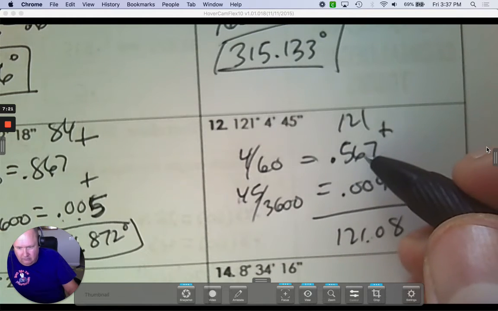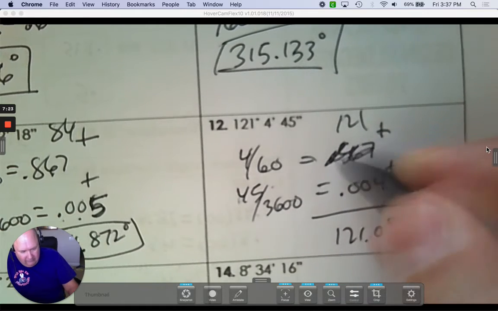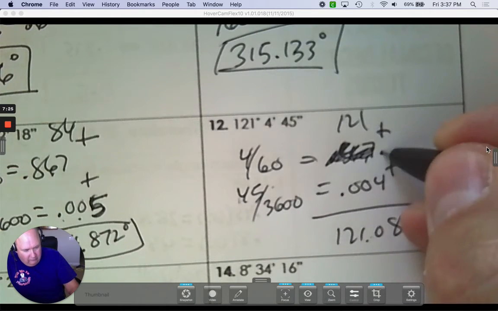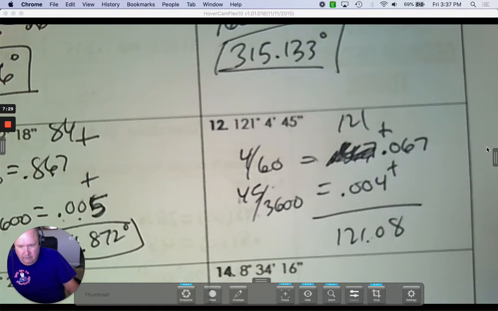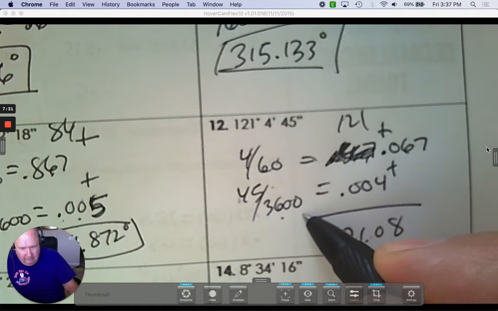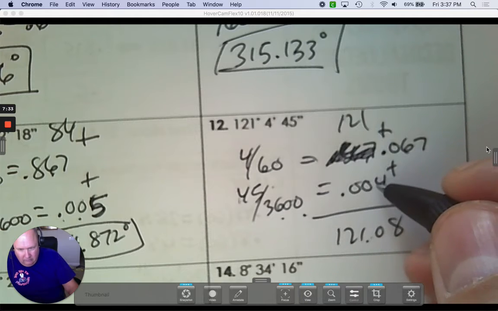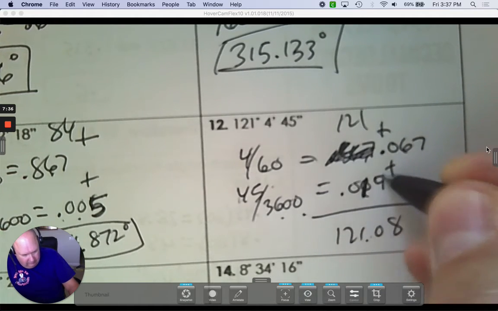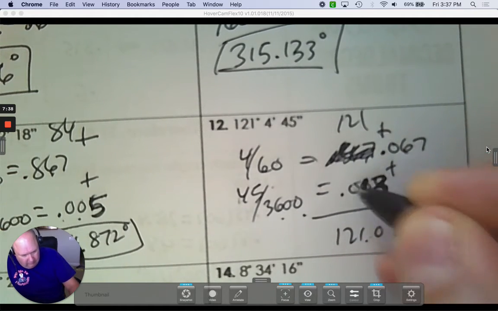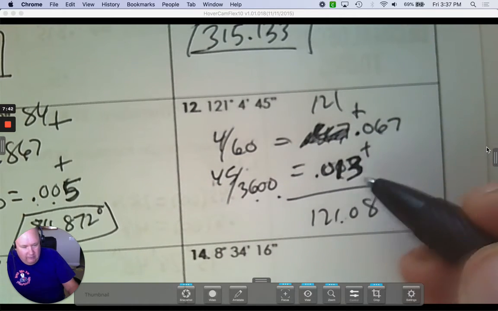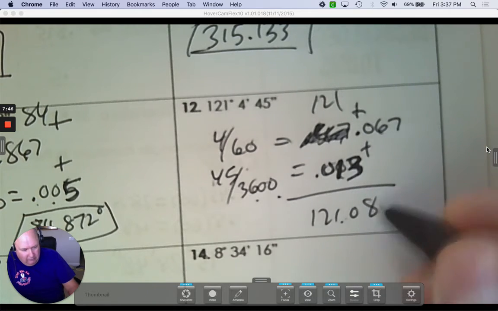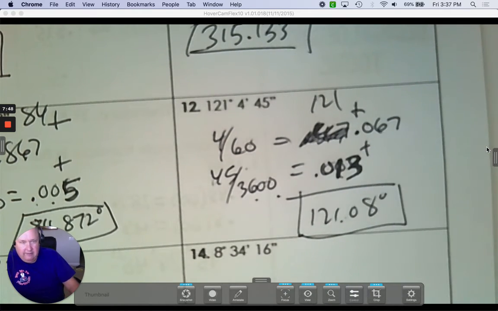I did this wrong. So 4 divided by 60 is 0.067. And then 45 divided by 3,600 is 0.013. All right, now we're on track. So 0.067, 0.013, then add these up, and you get 121.08 degrees. All right, I'm on track.